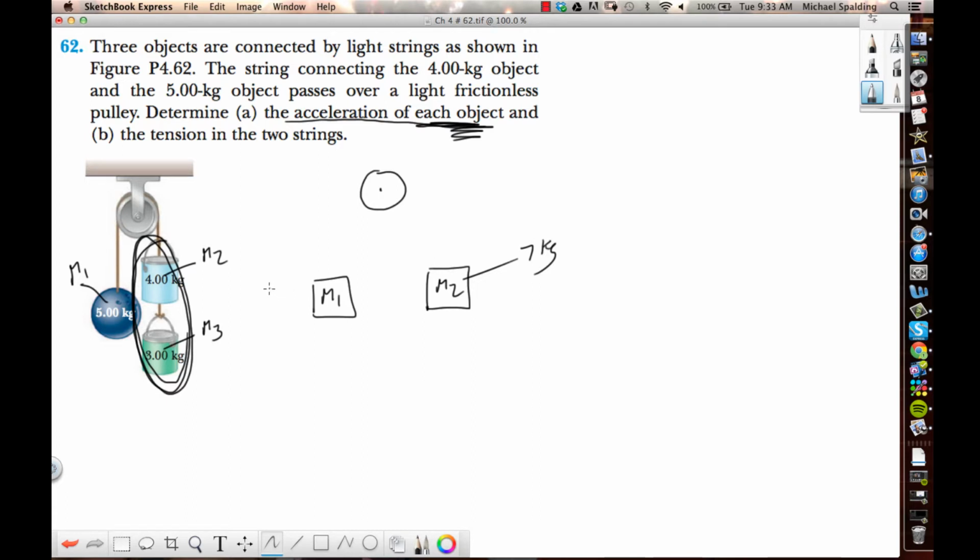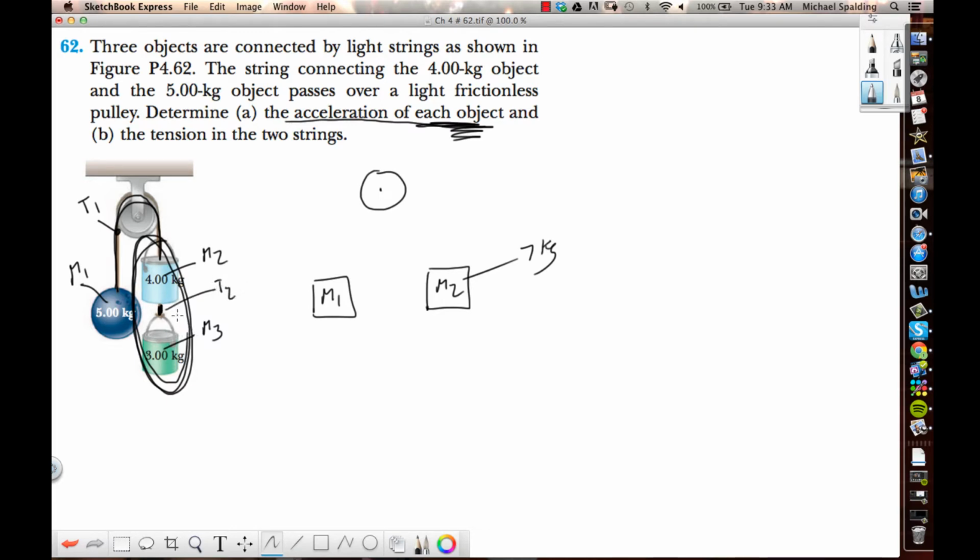Oh, and I should mention, how many tensions do we have in the original diagram? 2, because there are 2 ropes. The rope that runs over the pulley, let's call that T1. And the rope in between the 4 kilogram and the 3 kilogram, we'll call that tension 2.